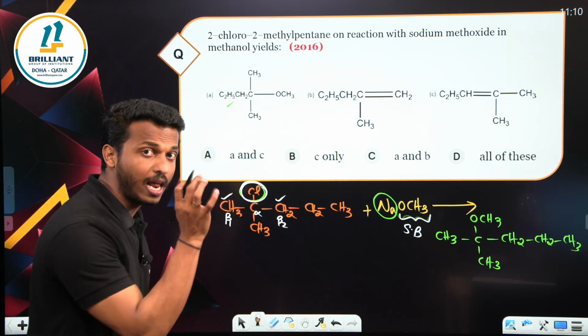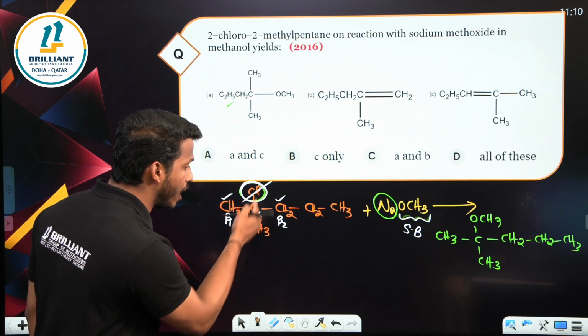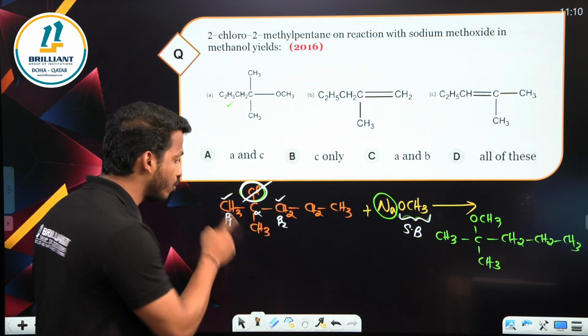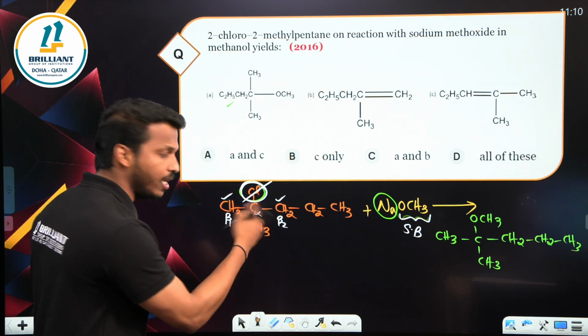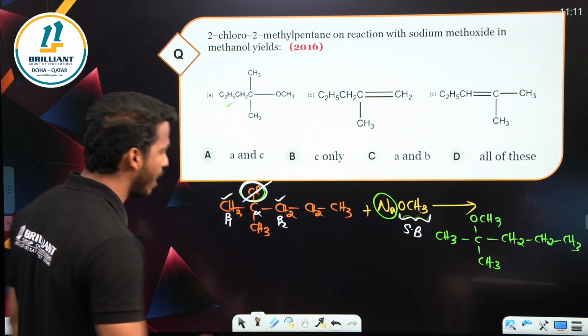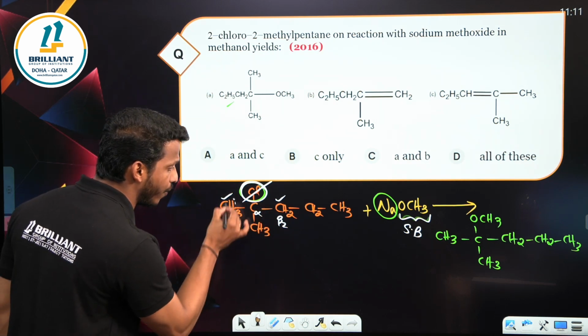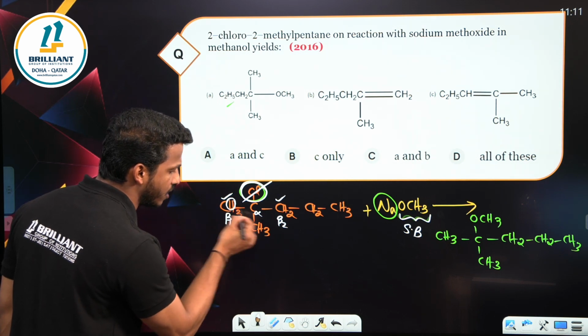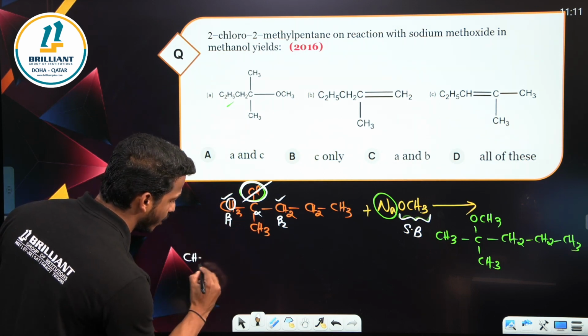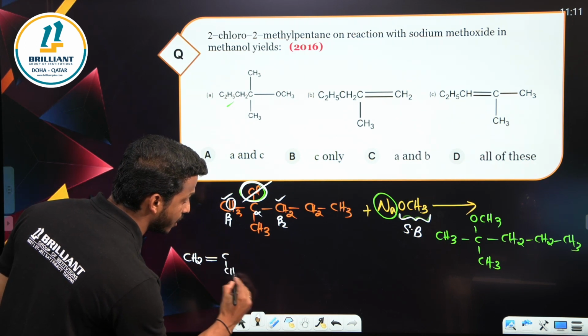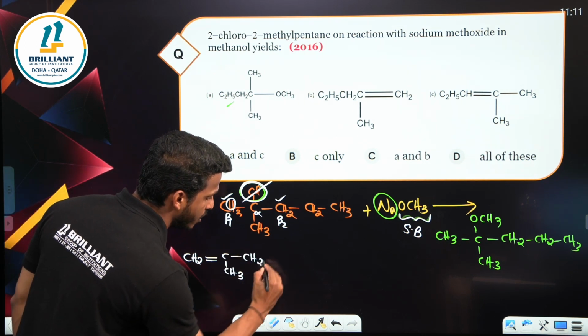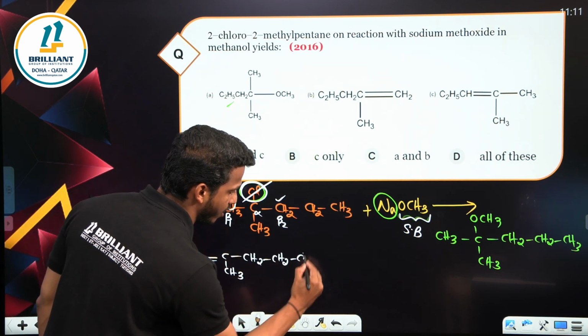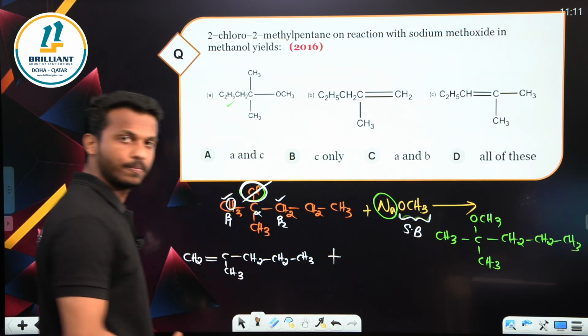Halogen you take from alpha, and one hydrogen you take from beta, so any of the betas can be selected. You will get two products. If you take hydrogen from this beta, the double bond comes this side, and you will get CH2=C(CH3)CH2CH2CH3.